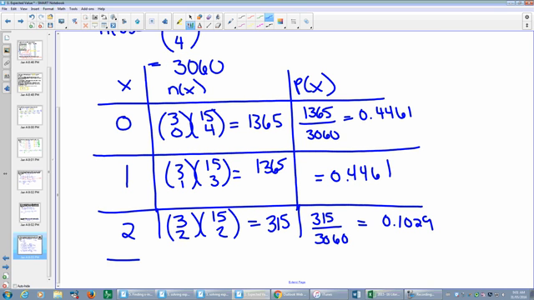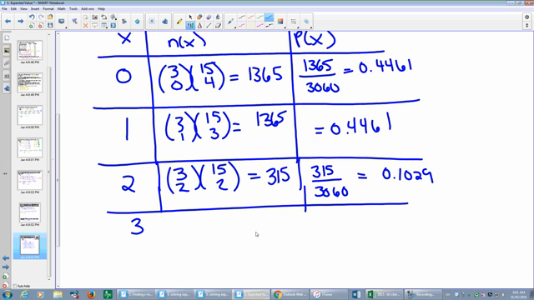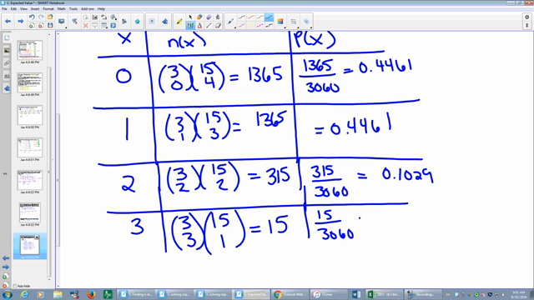Okay, and to have 3 girls, Joanna, what would I write here? How many ways can I choose 3 girls? To 4 decimal places? Thank you. 0.0049.